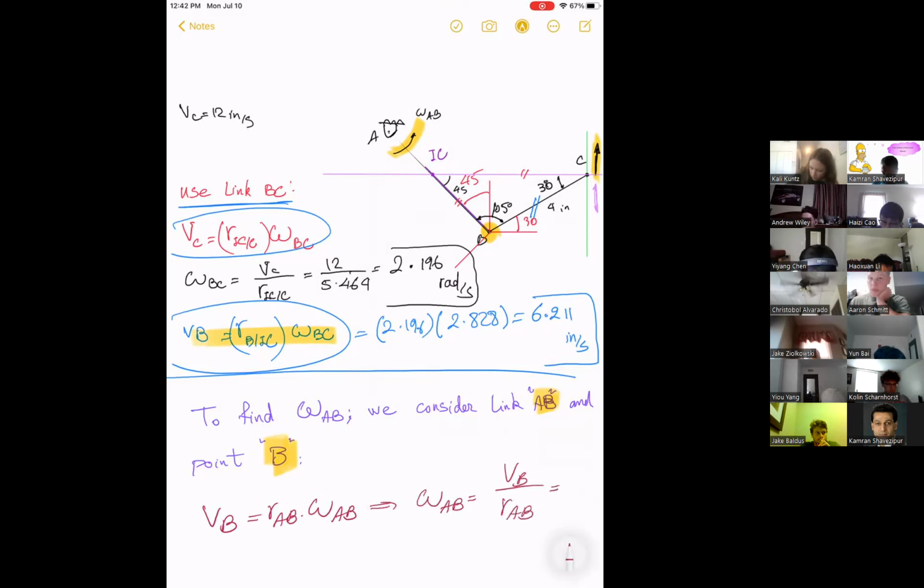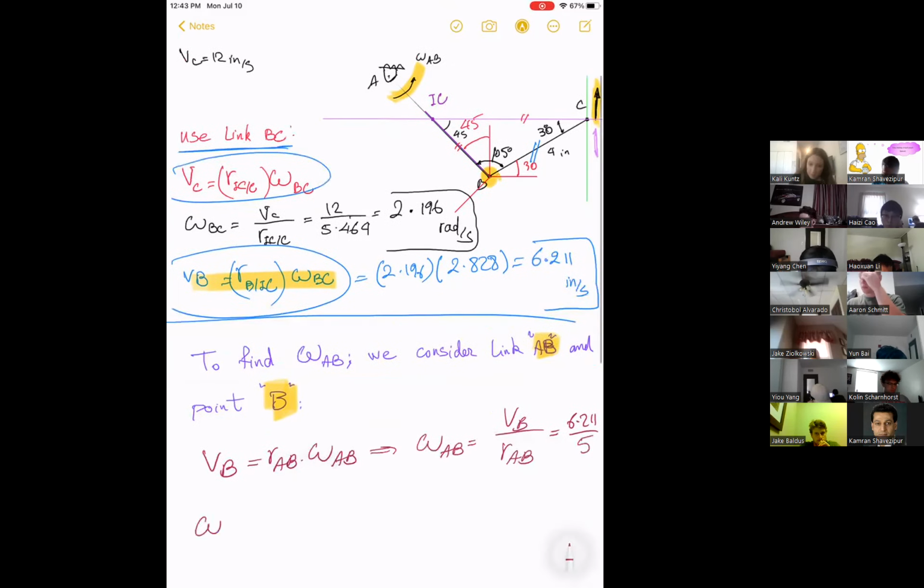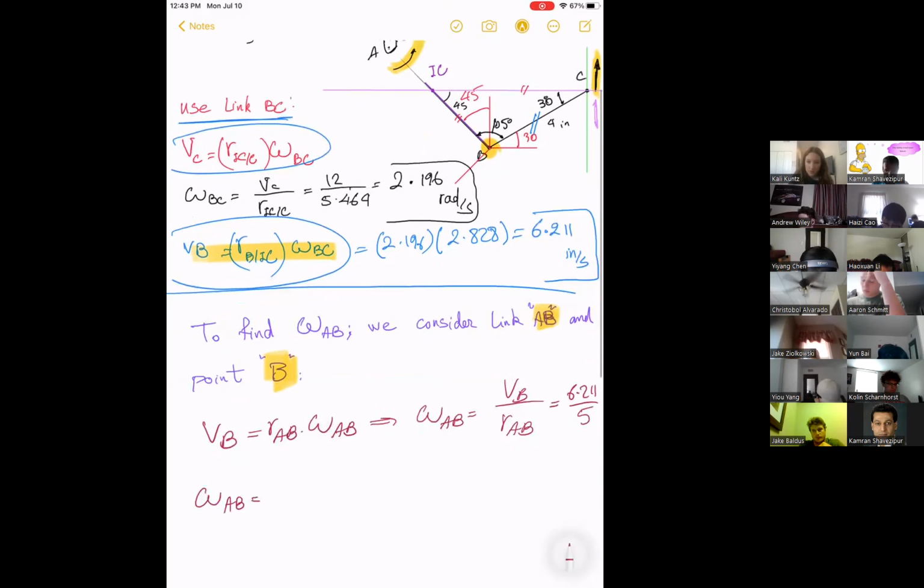You put the numbers in: 6.211 divided by 4. I think the length was 4. Let me check. 5, this is 5. And then omega AB will be 1.24 radians per second.